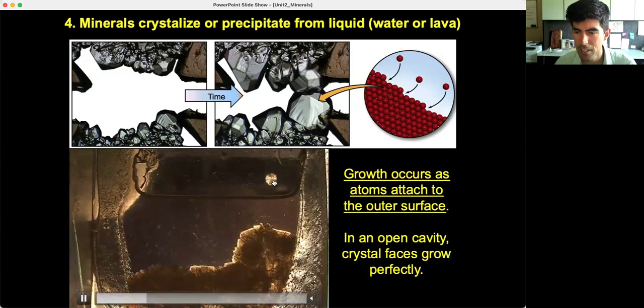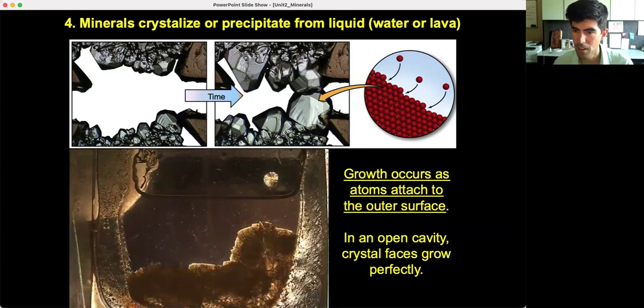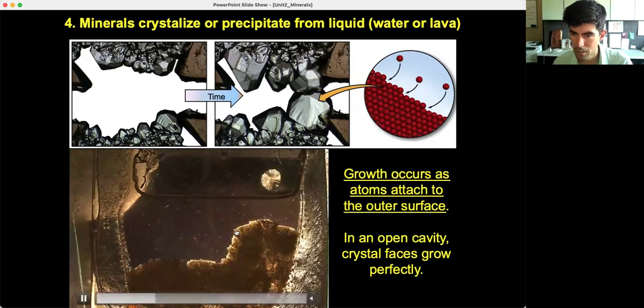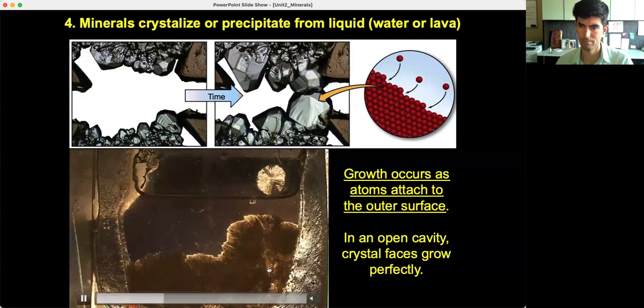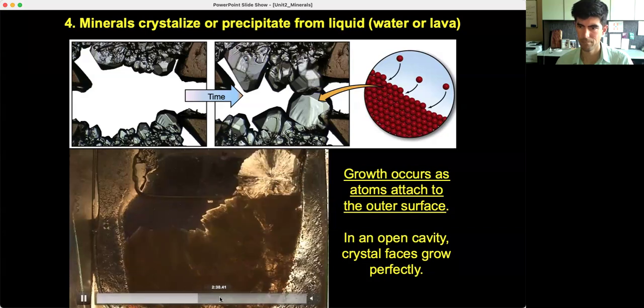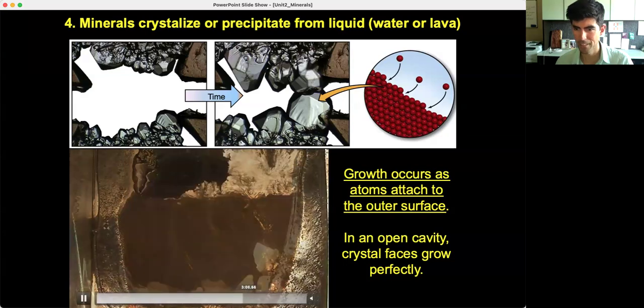Here's that new seed that sprouted and began to grow in all directions. Just watch it slowly and it'll grow out in all directions. That edge keeps moving forward. Oh yeah, really big. Cool.